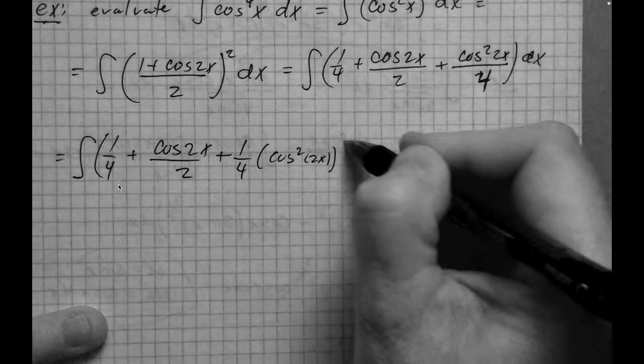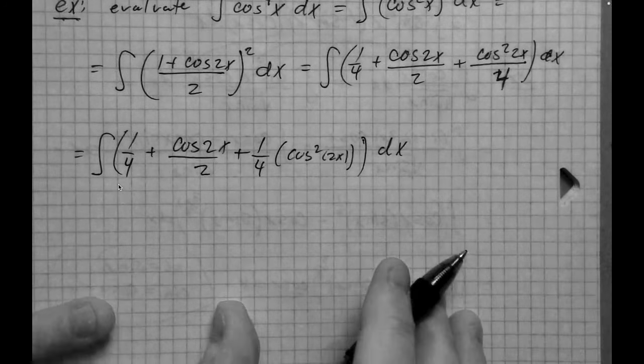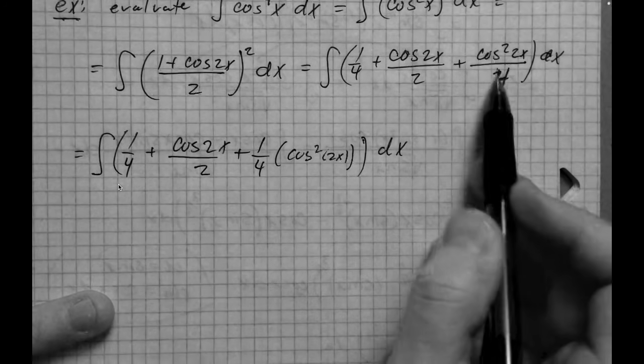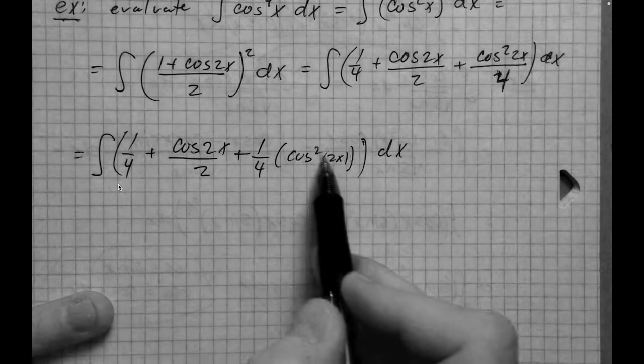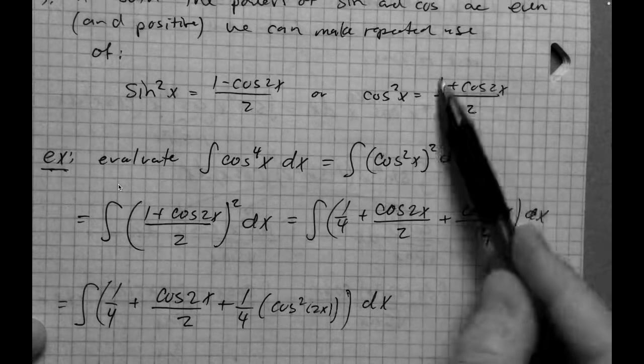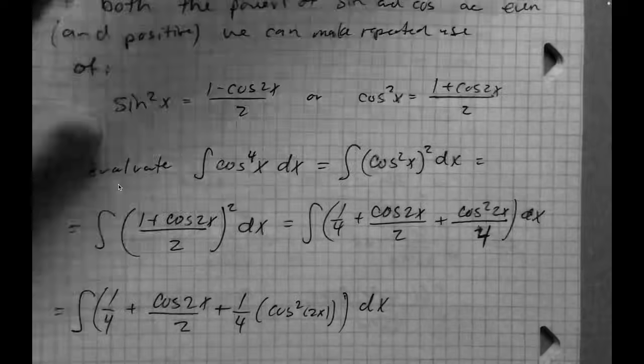So we'll just rewrite it once here like this. That's just pulling the 4 out. The part that's really important for the substitution is the cosine squared of 2x. That's what matches this format. So we're going to basically plug in another one of these.